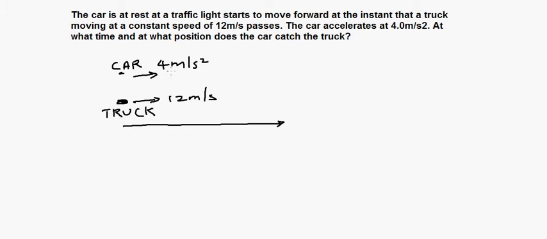So every second, its velocity is going to increase by 4 meters per second. That's what we mean by an acceleration of 4 meters per second squared. So this is the increase in velocity every second.